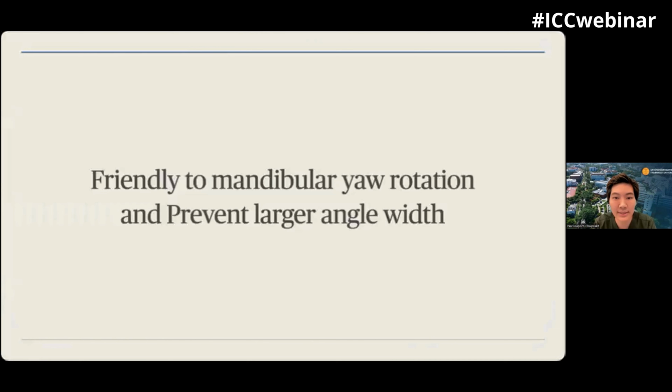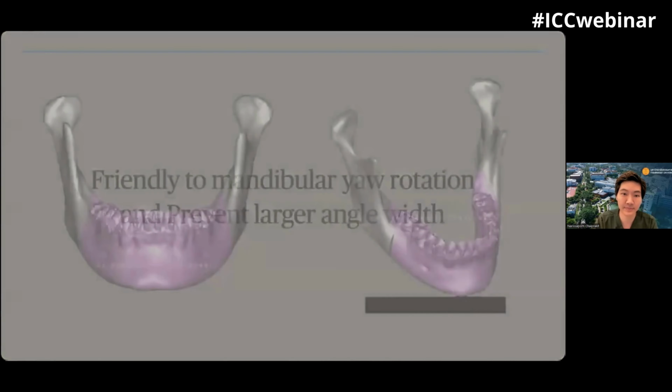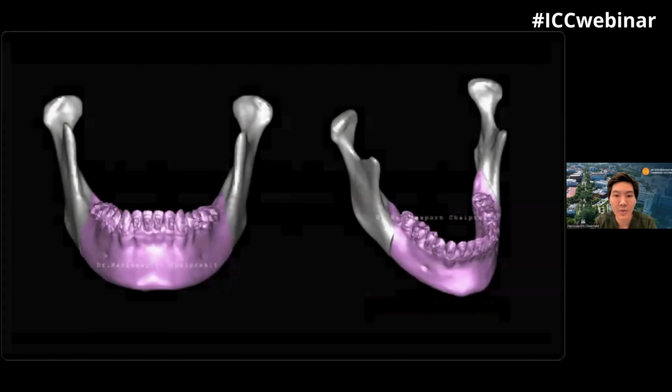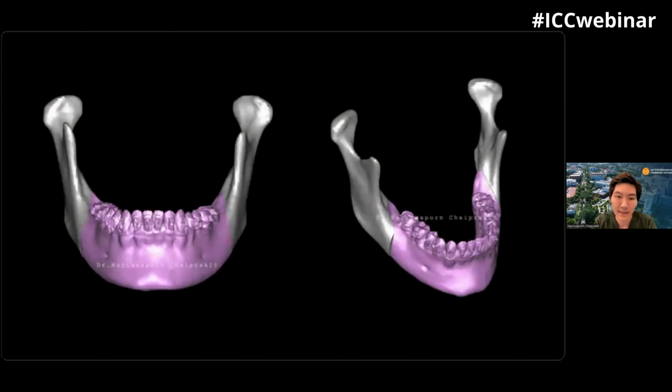The next advantage is that it is friendly to mandibular yaw rotation and prevents a larger angle width. Typically, when we do mandibular setback, the angle can be widened like this animation.